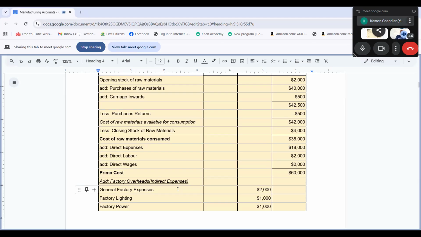His wage or his salary cannot be considered a direct expense because it is not involved in making the actual product. The woodworker who is actually building the table or the chair or the cupboard or the bed, his wage could be traced to making it. If he spent 4 hours making a table, then that wage for 4 hours is directly related to the making of that table.